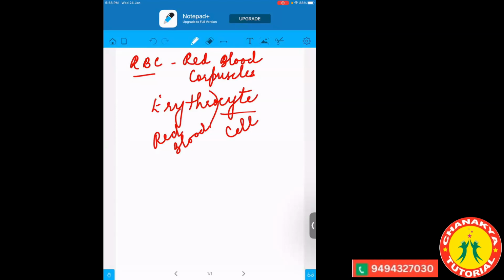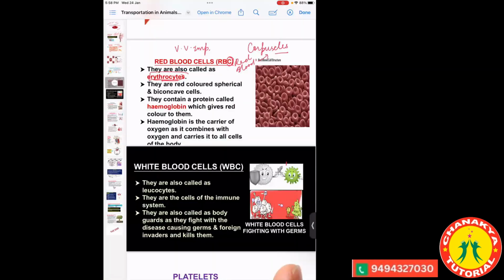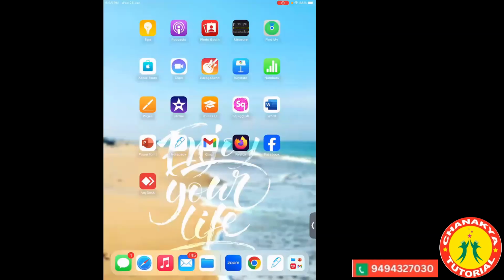And what do they do? They help in the transportation of oxygen. Whatever oxygen we are taking into our body is transported because of the red blood cells only. They are red colored, spherical and biconcave cells. They contain a protein, a very, very important point.